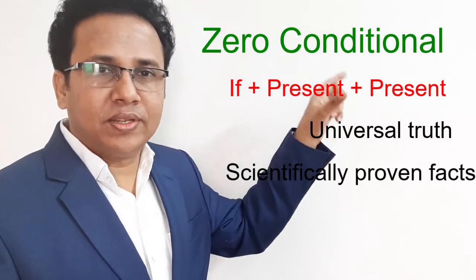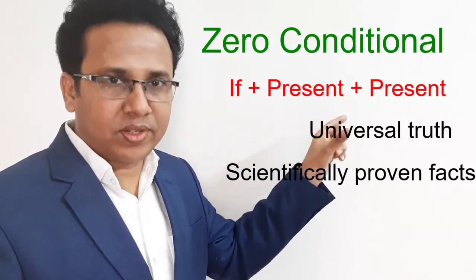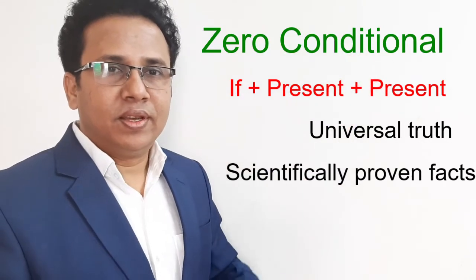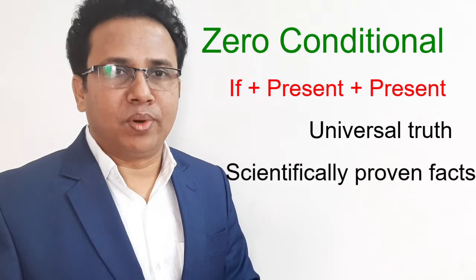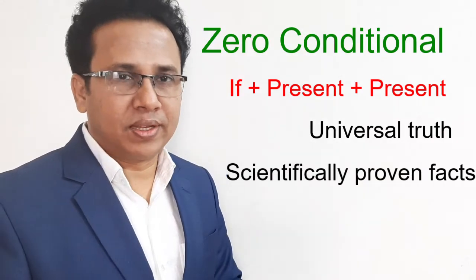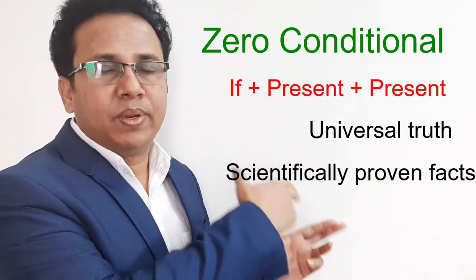So we are using the present form of verb in the first clause, and in the second clause it is also the present form of verb. So no use of modals like can, could, or something like that. If plus present. Can you think of a practical example of zero conditional? Take a minute and think about it.